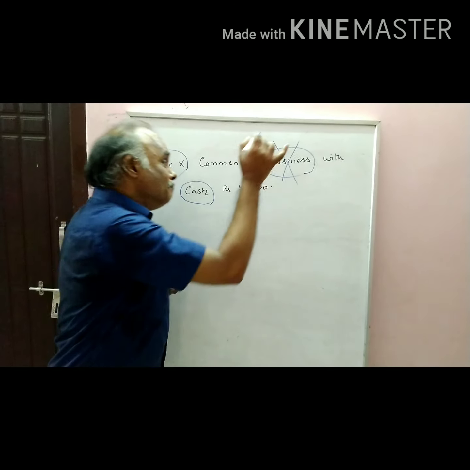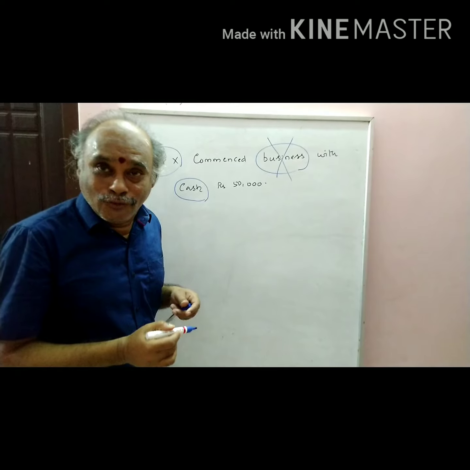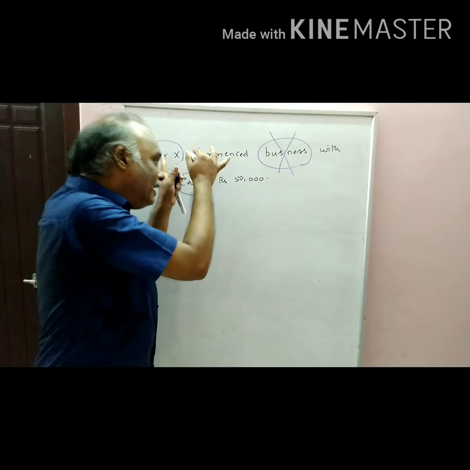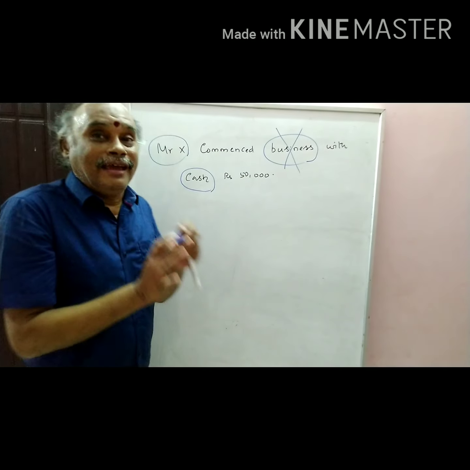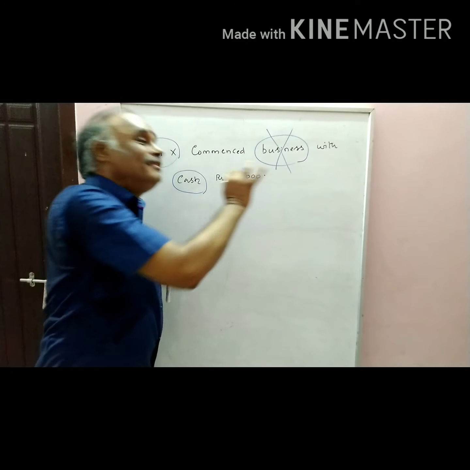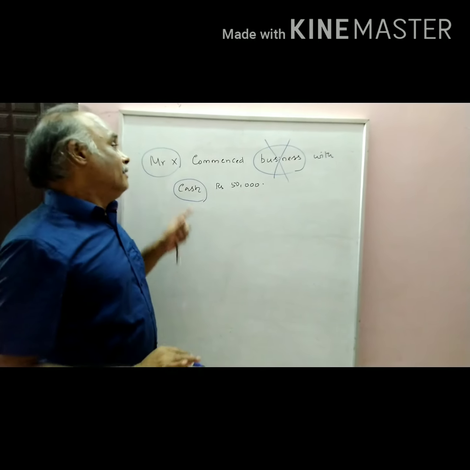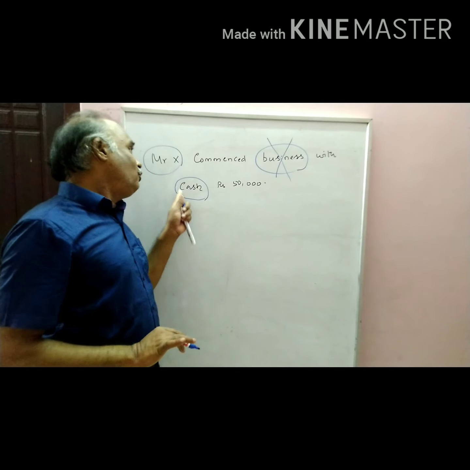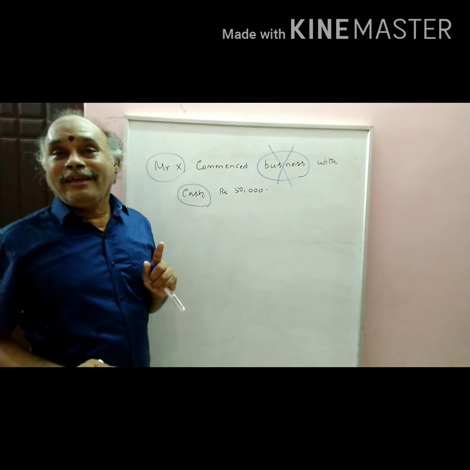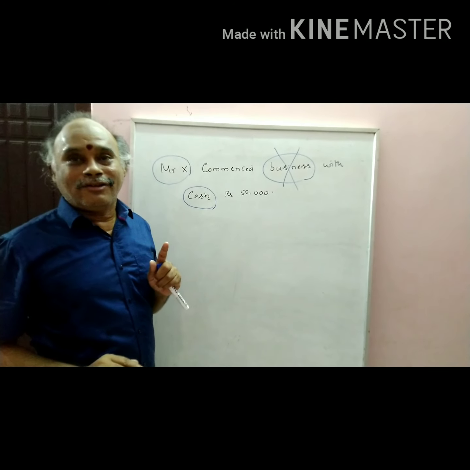Business is the noun for whom we are taking the transaction and analyzing it. I cancel that noun business because for that only I am doing all this process, and the leftover nouns are Mr. X and cash.